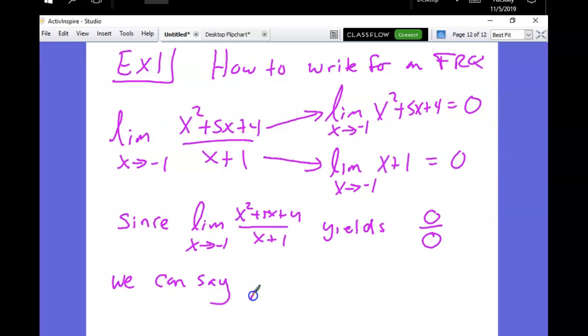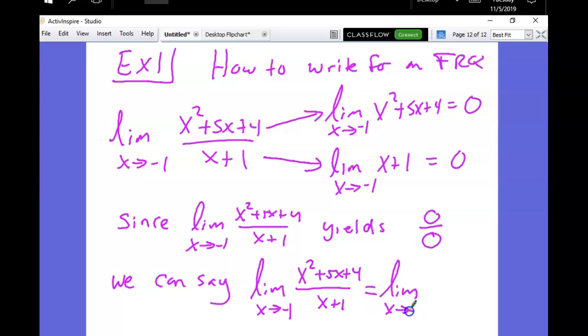So we could say that the limit of our original function here is equivalent to the limit of the derivative of those two pieces. And then you can go ahead and do your direct substitution and get your answer. Okay? So that's the proper way to write your answer on an FRQ.